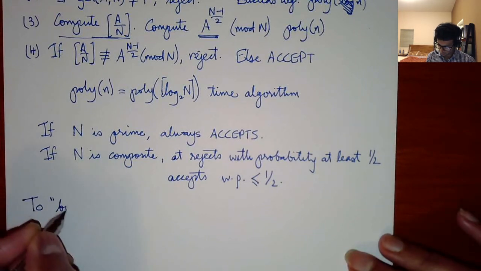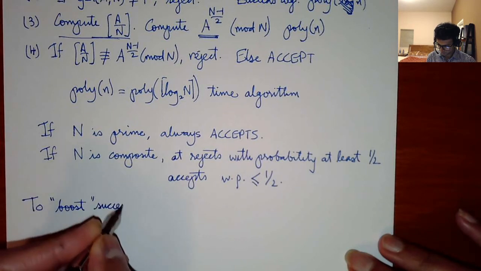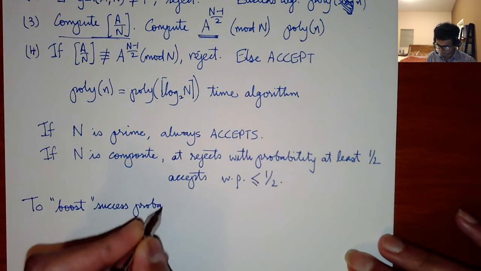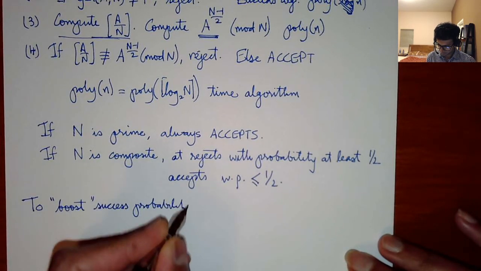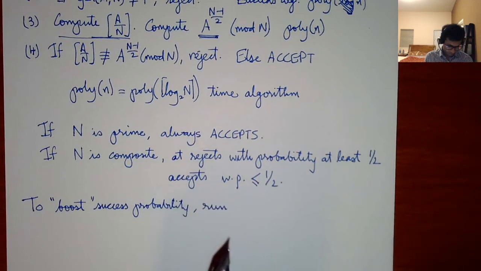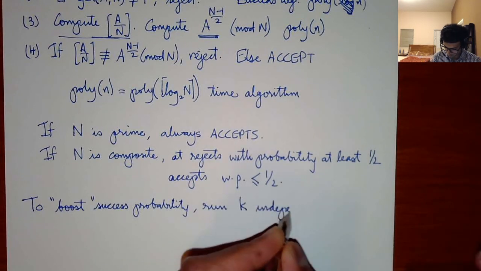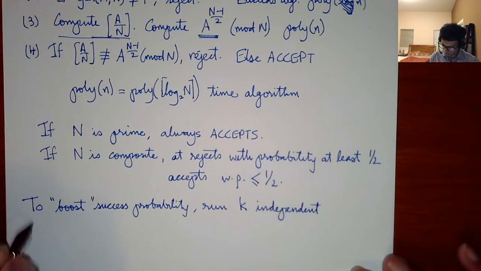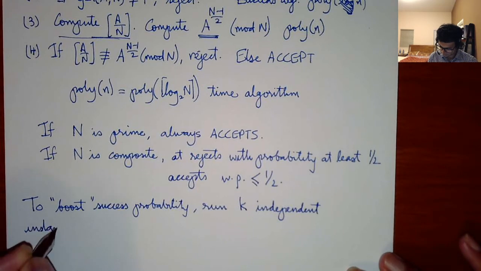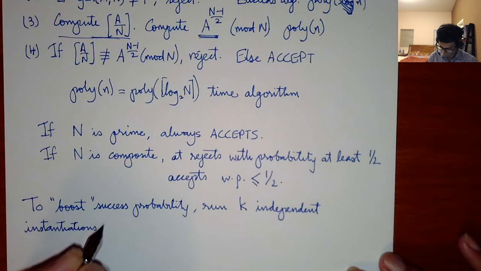Now what we can do is we can boost the success probability. To boost the success probability, what we can do is run k independent instantiations of the algorithm.